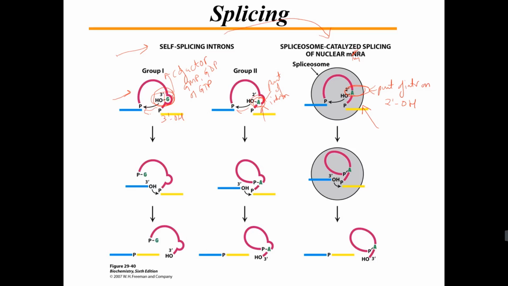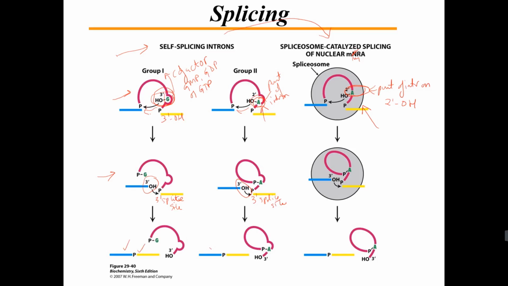And then the newly formed 3' terminus of the upstream exon attacks, so if we go to step 2 down here, this newly formed 3' hydroxyl will then attack the 3' splice site of the intron, and again, down here, the 3' splice site, to form that phosphodiester bond with the downstream exon, so that we join the blue with the yellow.